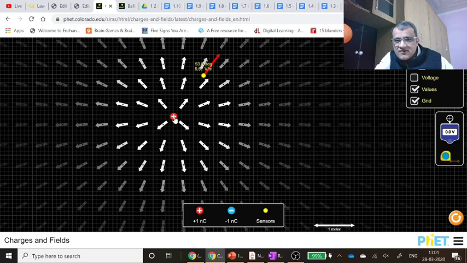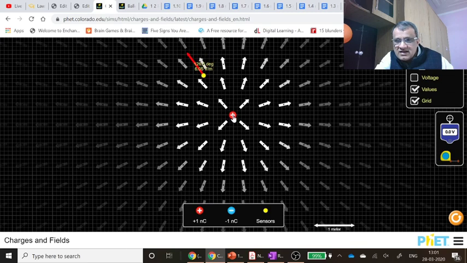Plus 1 nanocoulomb kept here. The field at this point is in this direction. Do you see? Something like northeast. But if I place this charge here, then the field is something like northwest.